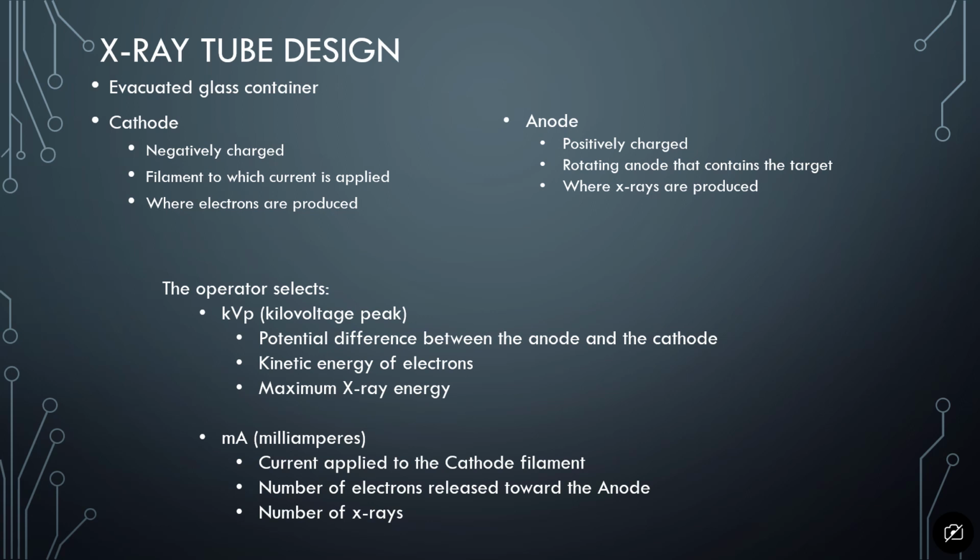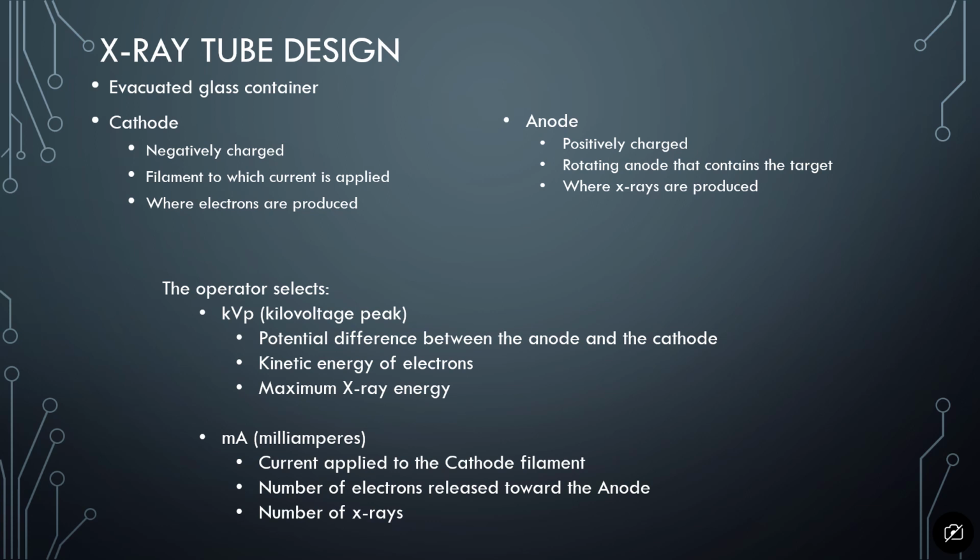One is it boils off those electrons that we want it to do, and that's called thermionic emission. So the filament has to get really, really hot for that metal to boil off electrons. And then we want it to have a high voltage supply too, so that those electrons are projectiled towards the anode so that they will interact with it.